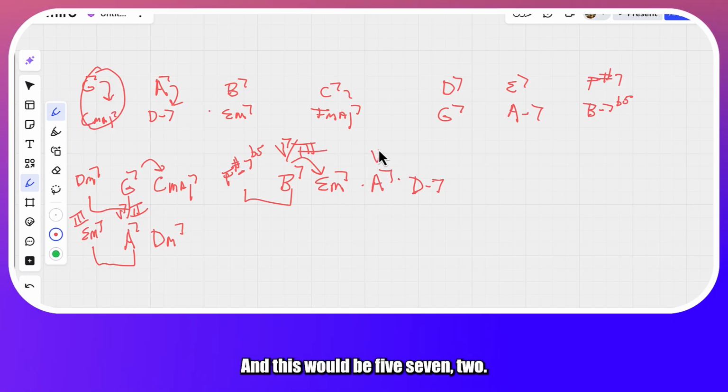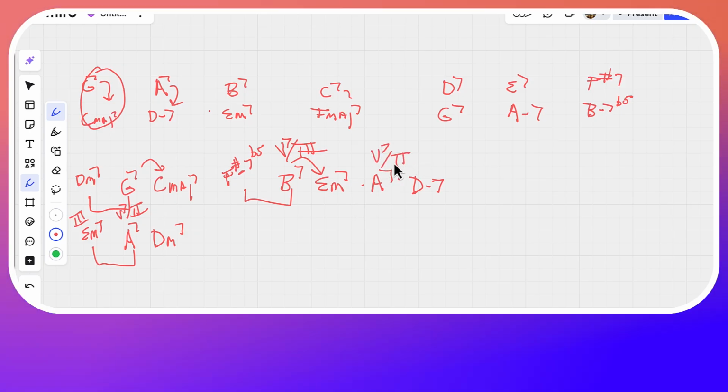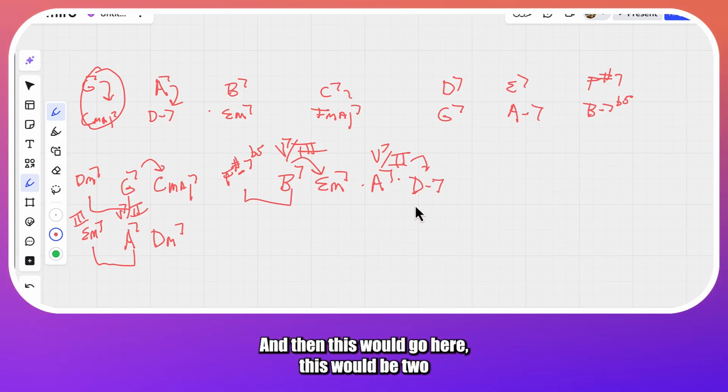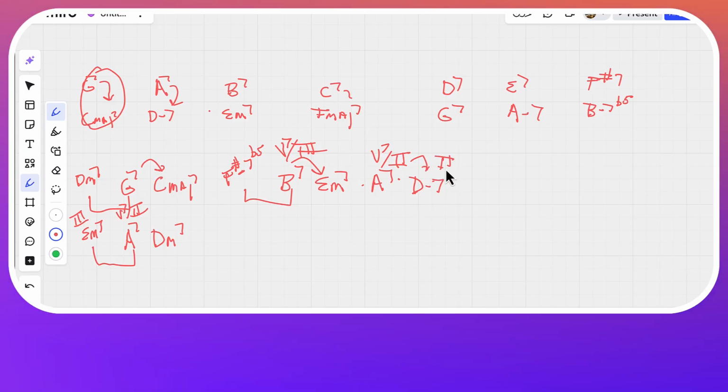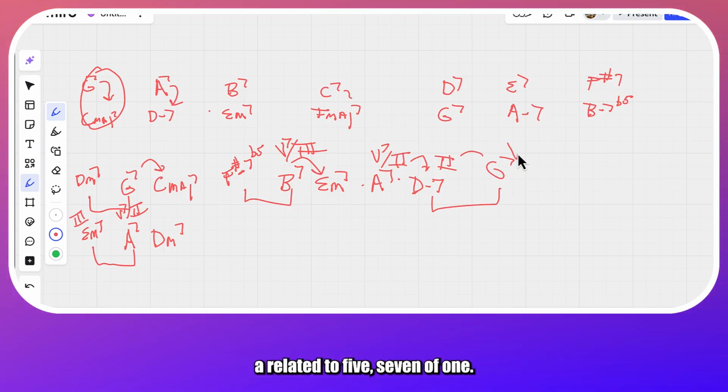And this would be 5-7 of 2. And then this would go here, this would be 2. And then G7, this would be a related 2 of 5-7 of 1, and then the G7 goes to C, right?